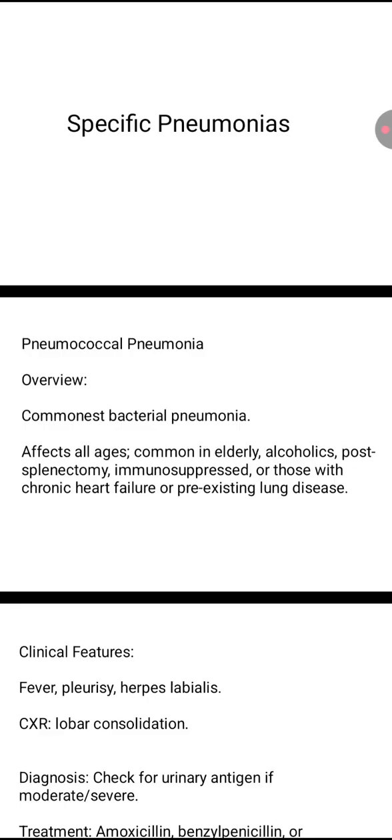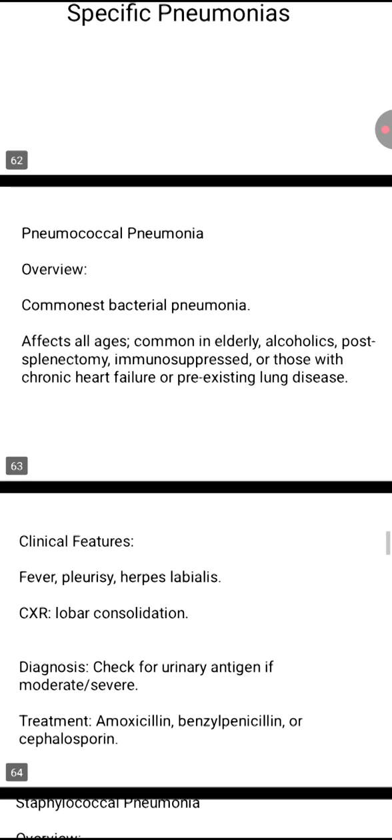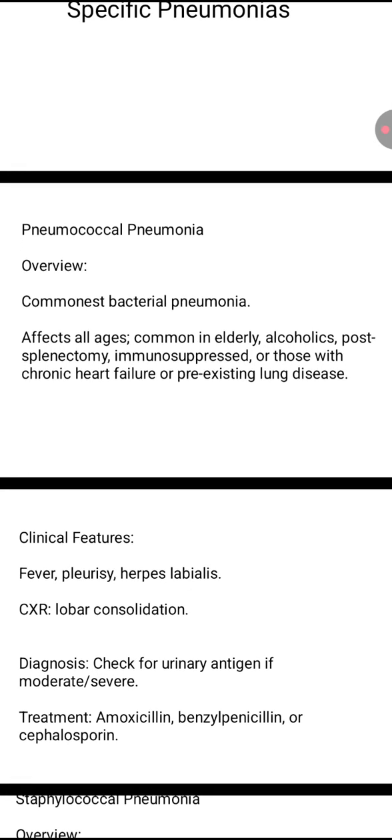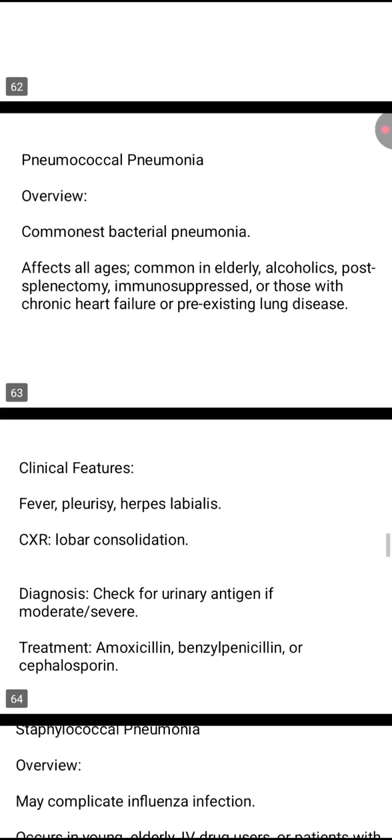Specific pneumonia, pneumococcal pneumonia overview. The commonest bacterial pneumonia, affecting all ages. Common in elderly, alcoholics, post-splenectomy, the immunosuppressed, or those with chronic heart failure or pre-existing lung disease.